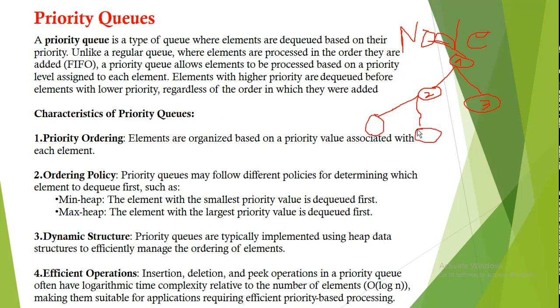So this goes in a kind of tree format. Here 4 and 5, and this one, imagine I will end it over here as 9.